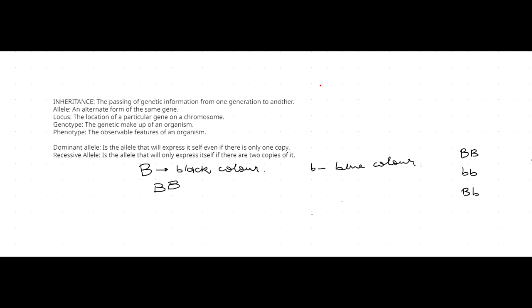He is homozygous dominant. Then we have our mother. The mother has a blue eye color. So obviously, if she's blue, she has to be recessive. She has to be homozygous recessive. Because if she was not homozygous recessive, even if she had one allele of the black color, she would not be able to have the blue color, right?